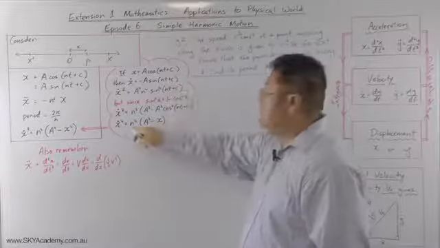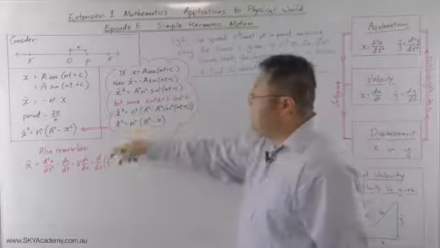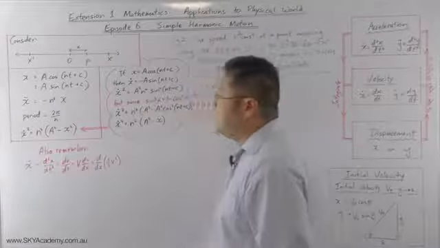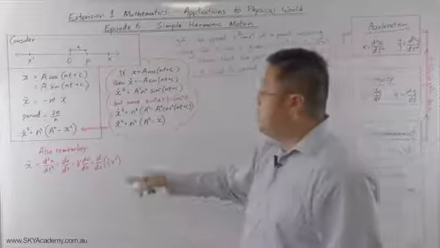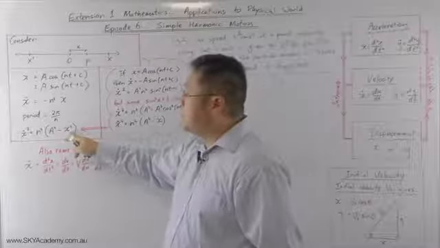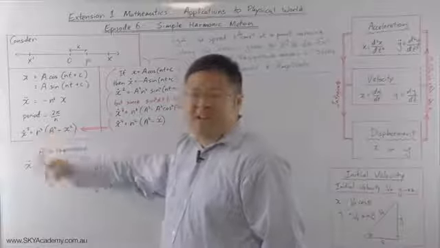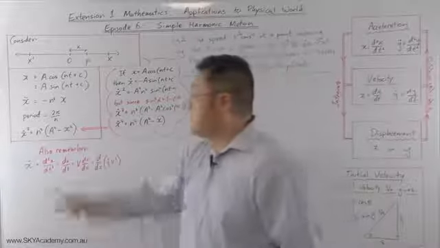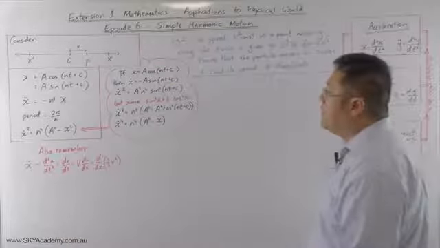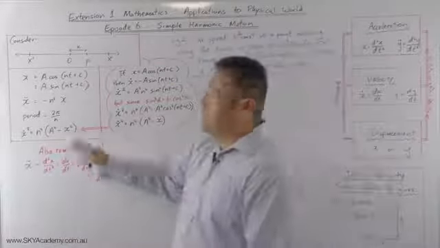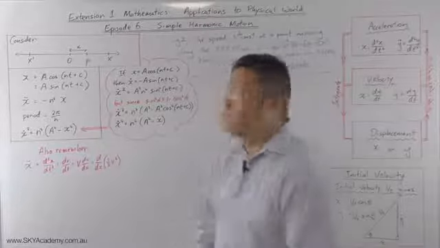So there we have it. The velocity squared is equal to the square of the amplitude minus the square of the displacement, times your constant, n squared. Fantastic. That's something else that we know about simple harmonic motion.